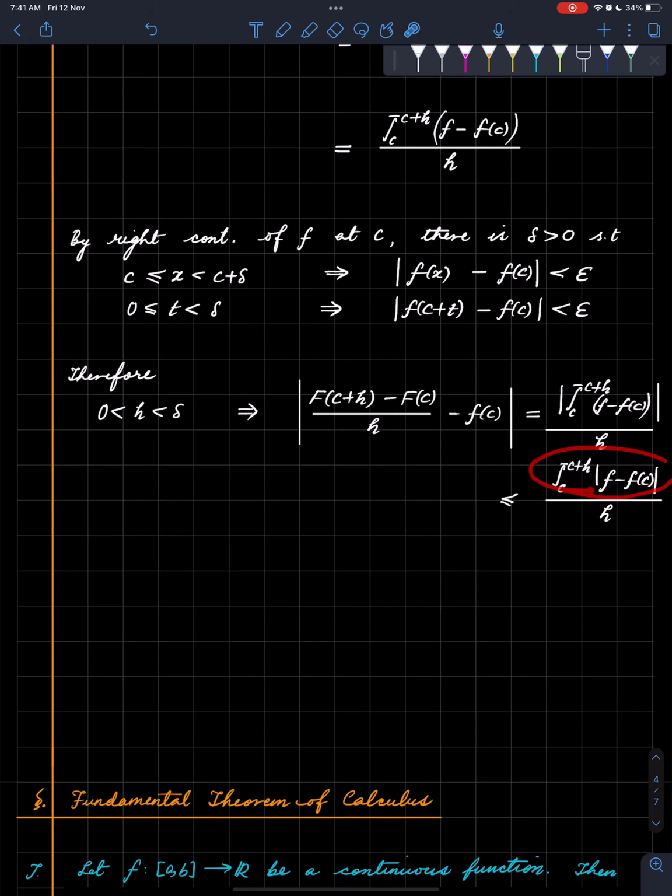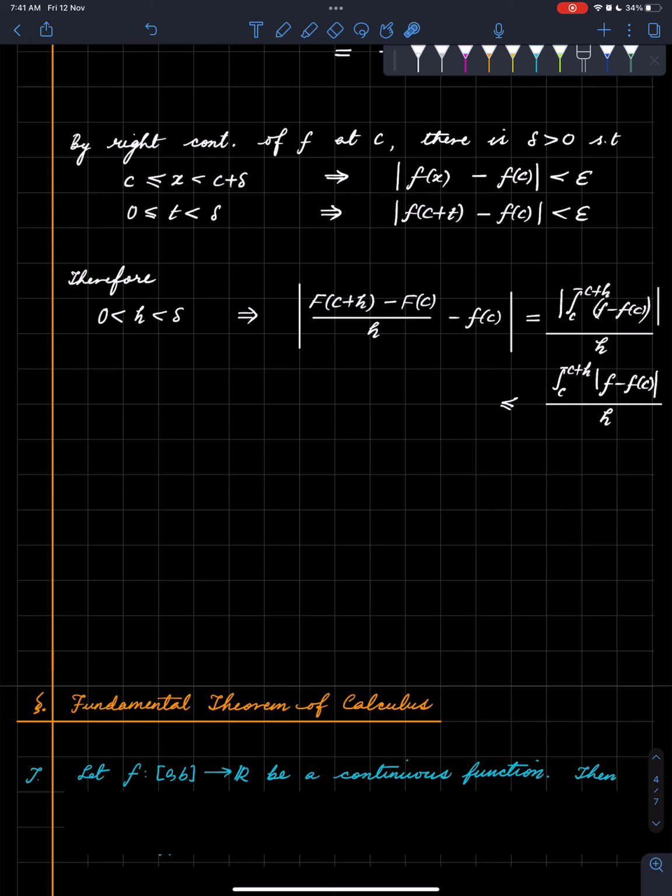So this upper integral will also be less than or equal to epsilon h, because this is at most epsilon through and through.